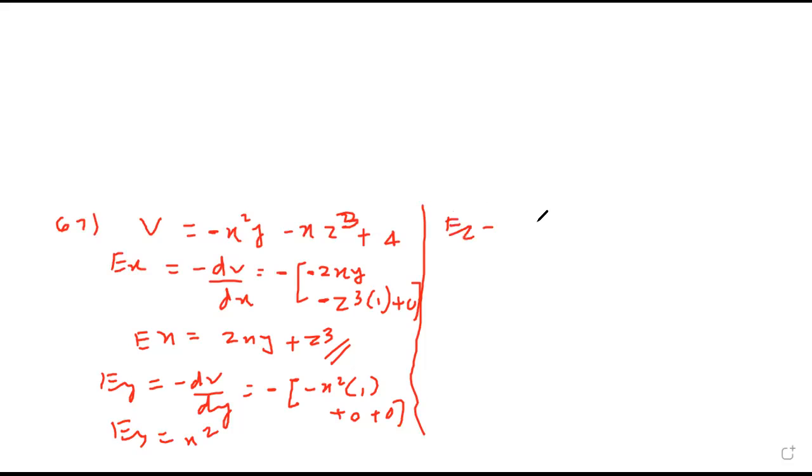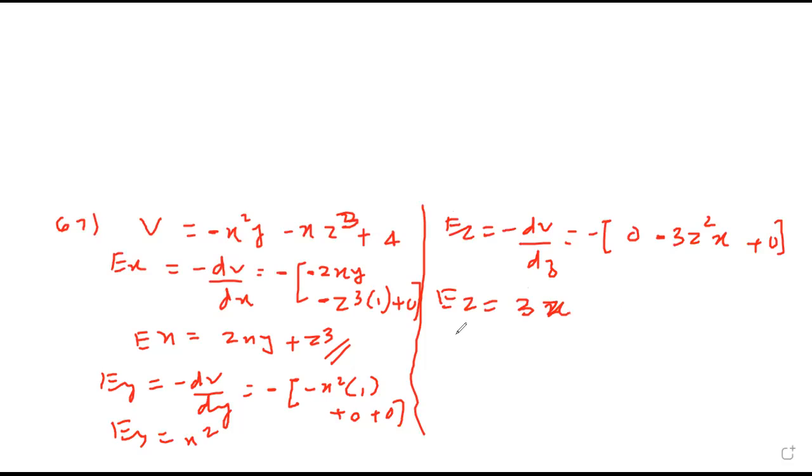Ez is minus dV upon dz. Minus of xy, both constant, 0. Here 3z square into x, plus 0. So Ez will be 3 times x z square. So now E vector is Ex i cap plus Ey j cap plus Ez k cap.